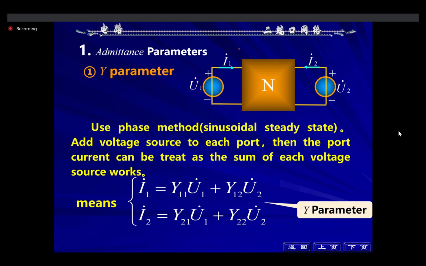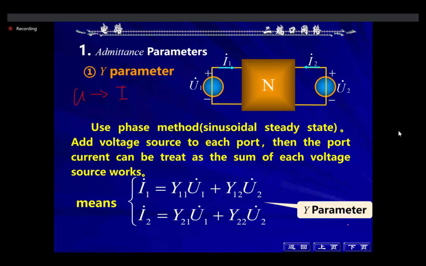This means for this network, we try to use the voltage U to express the current I. We assume the outside is two voltage sources, so the currents I1, I2 will be the sum of each voltage source working.